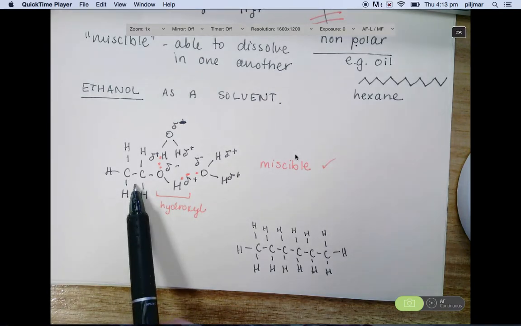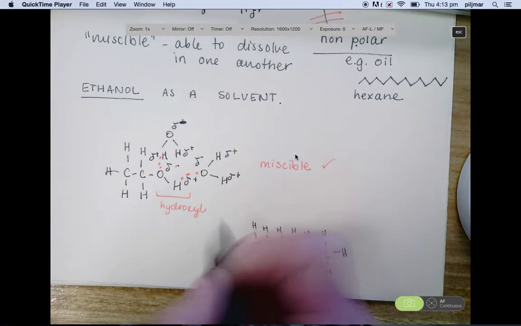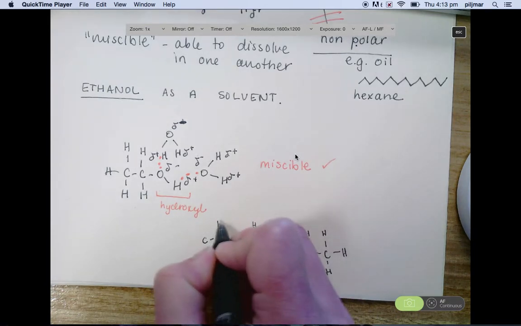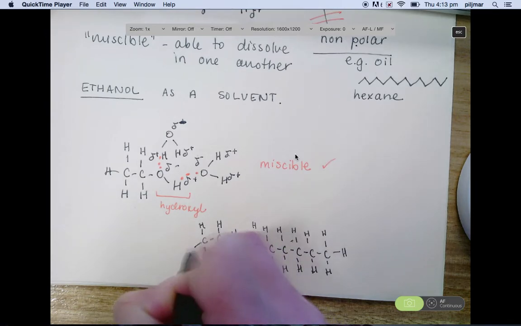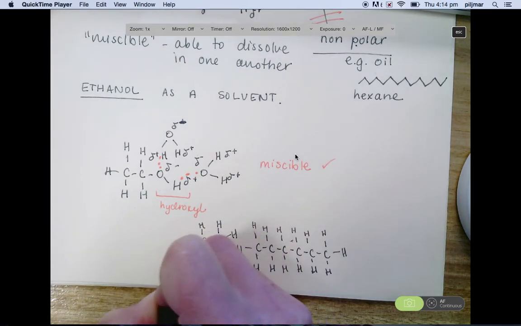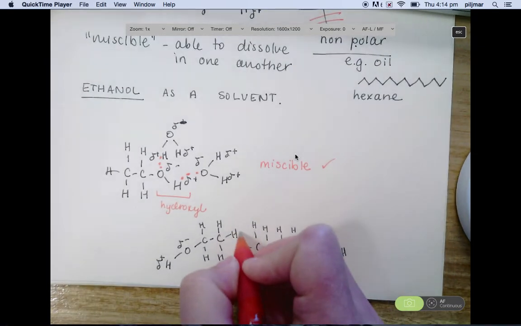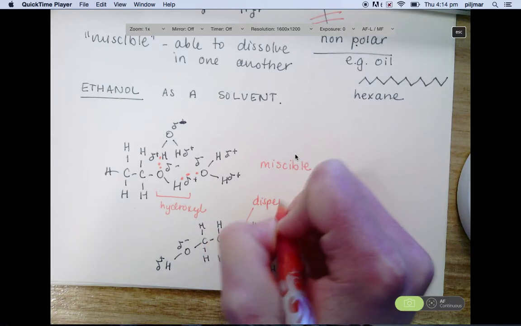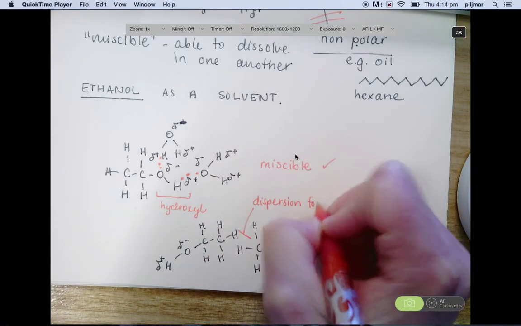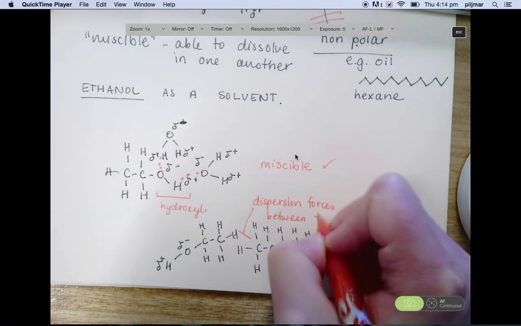So it's the ethyl group here in ethanol that will be able to form intermolecular forces with the hexane. So if we were to draw that, ethanol would rearrange itself so that the polar group is nowhere near the hexane, and we would have dispersion forces between the molecules.